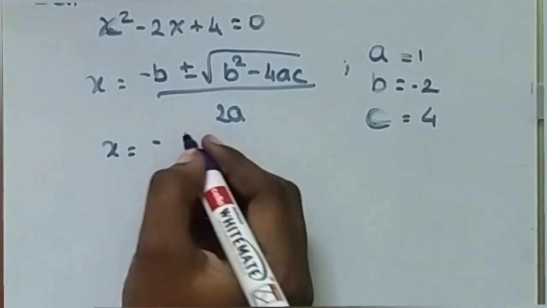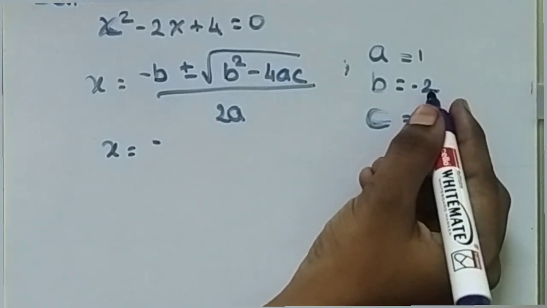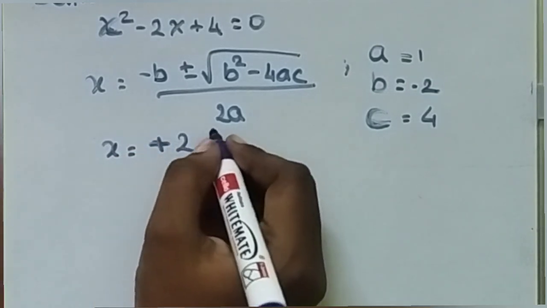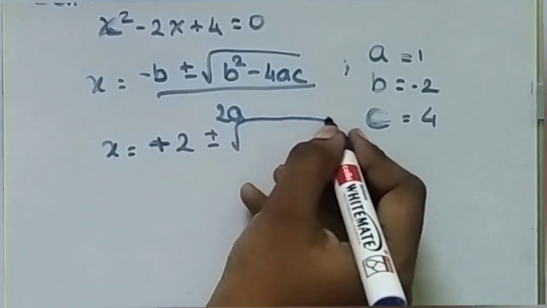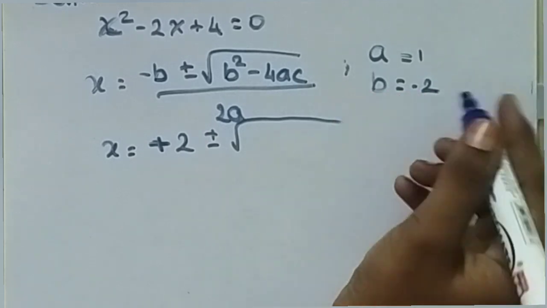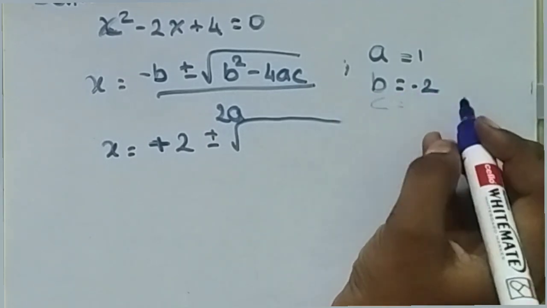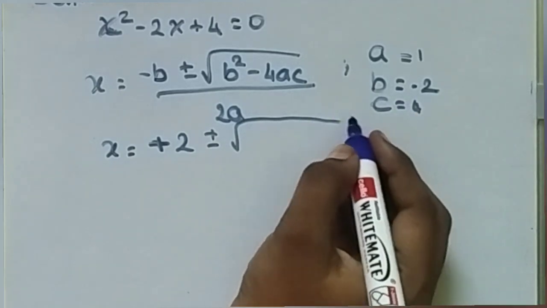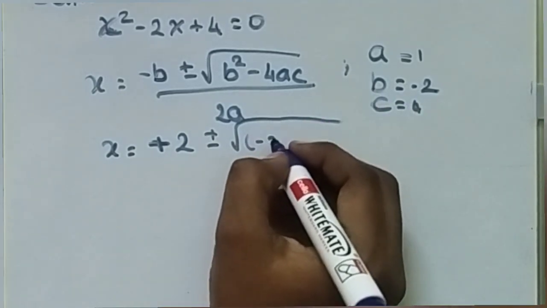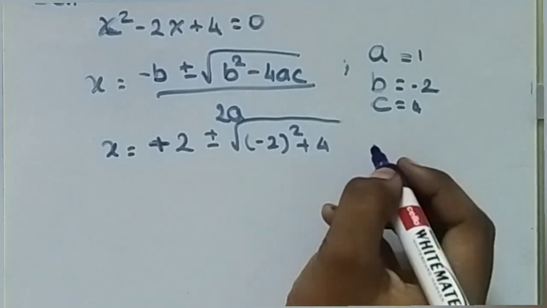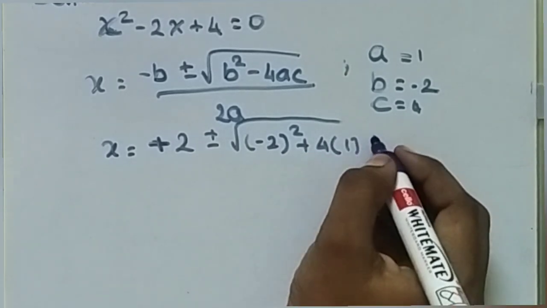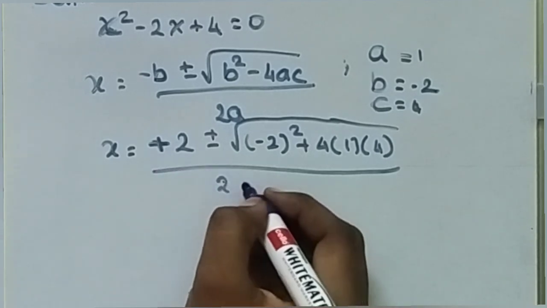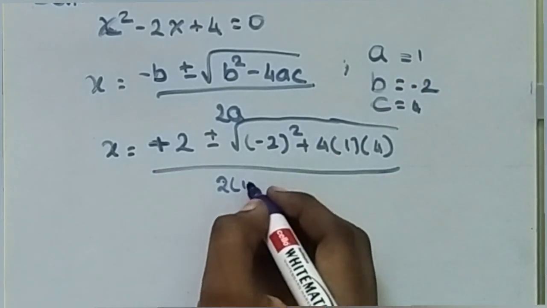So minus of b. What is b? B is minus 2. So minus of minus 2 becomes plus 2, plus or minus square root of b squared, so minus 2 the whole square, minus 4ac. What is a? A is 1. What is c? 4. Divided by 2 multiplied by a, and a is 1.